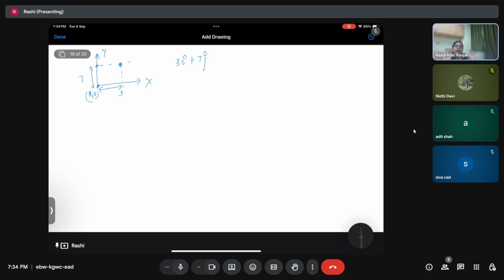Now, i and j have the property that they are independent of each other, correct? Whatever my distance is on the x-axis is independent of what my distance is on the y-axis. These are two independent vectors that are used to write the position of a particle on the xy plane, right? So what are we doing?